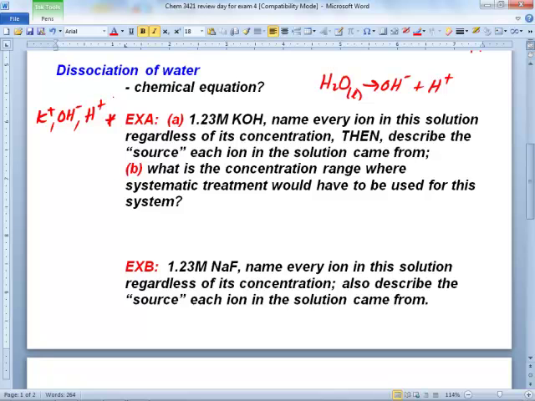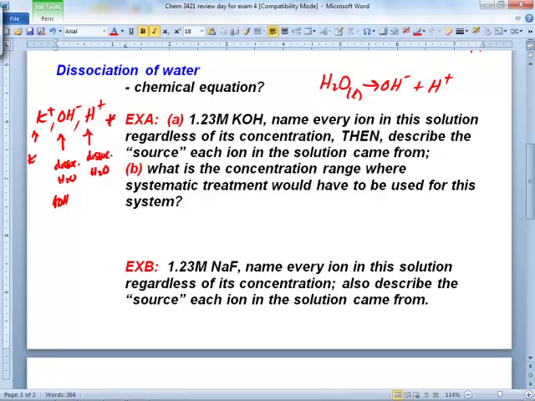Okay, let's list this out. She says dissociation of water for this, dissociation of water for this. Is there any disagreement? OH also comes from the KOH, good. And then the K comes from the KOH.